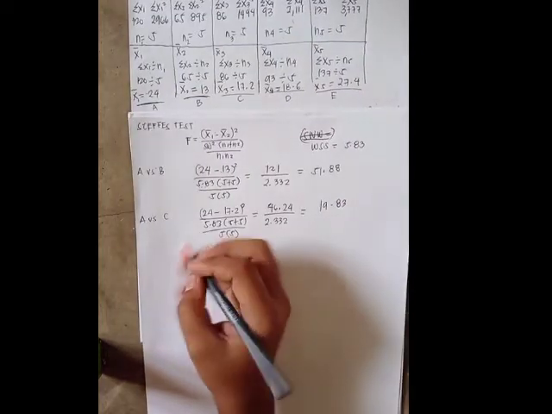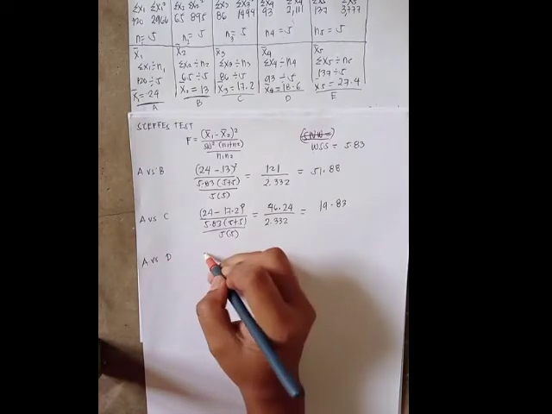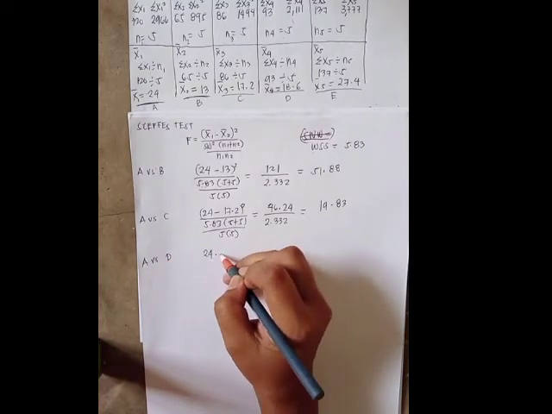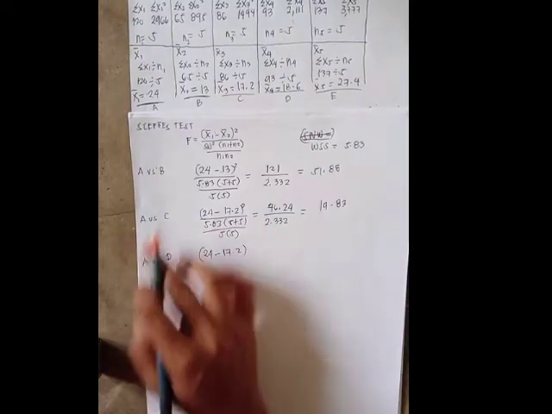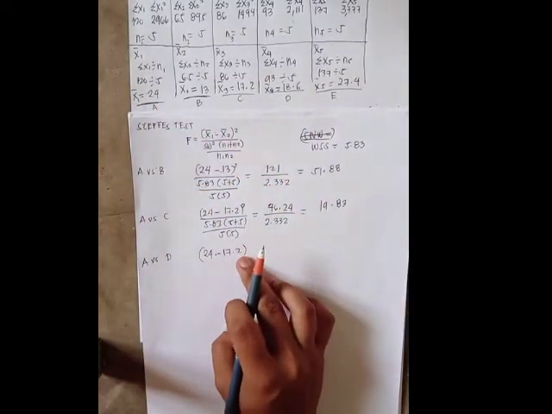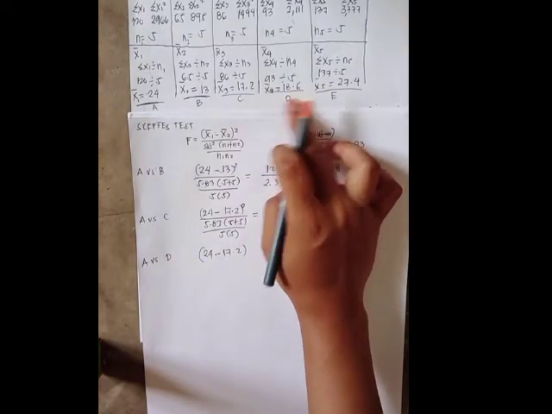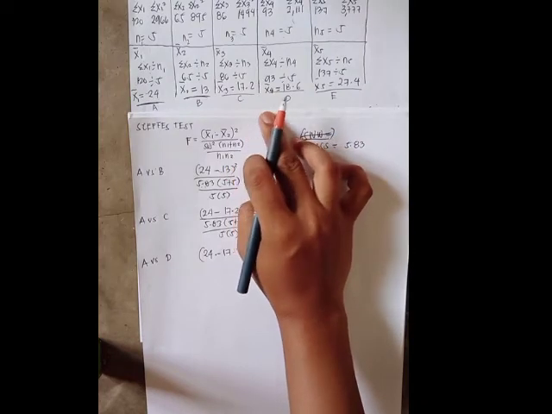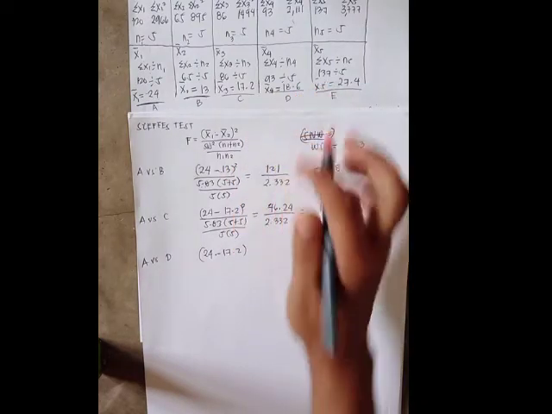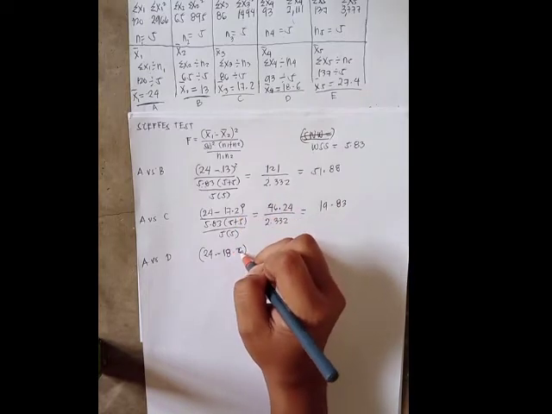Next is our A versus D. Our A mean is 24, our D mean is 18.6.